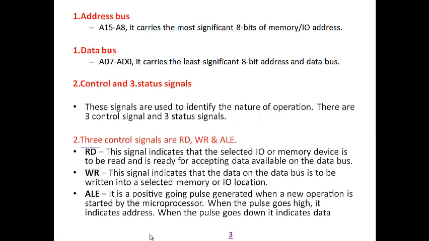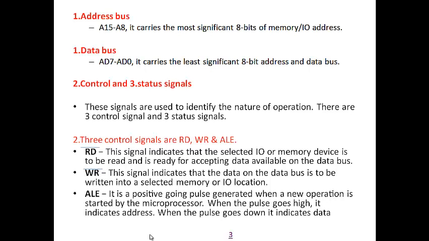The second group, we call it control lines. The word itself is very clear. It is going to control whether data goes from the microprocessor to the external, or from the external to the microprocessor, that is read or write. These two are marked with a line above, that is, these are active low signals, which will be activated only for logic 0.